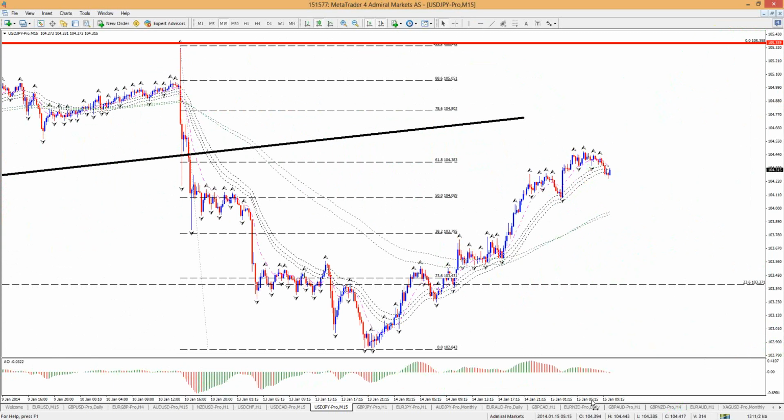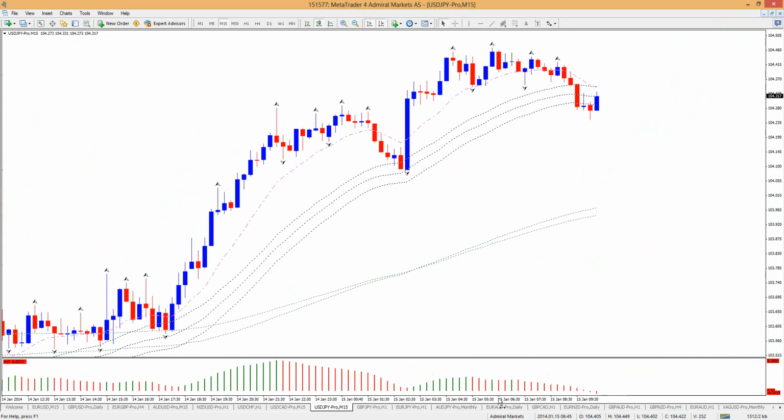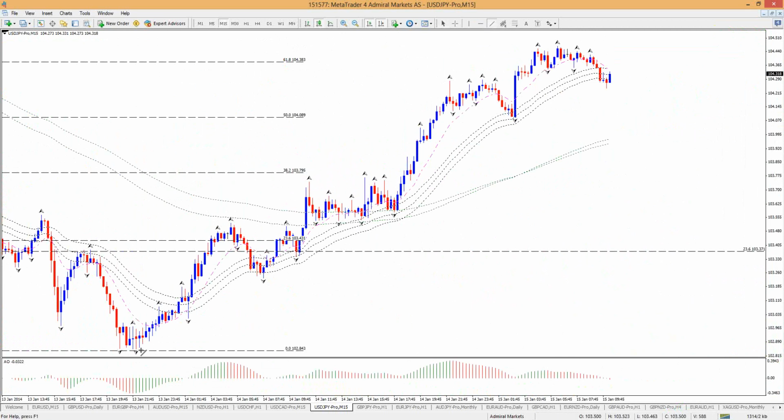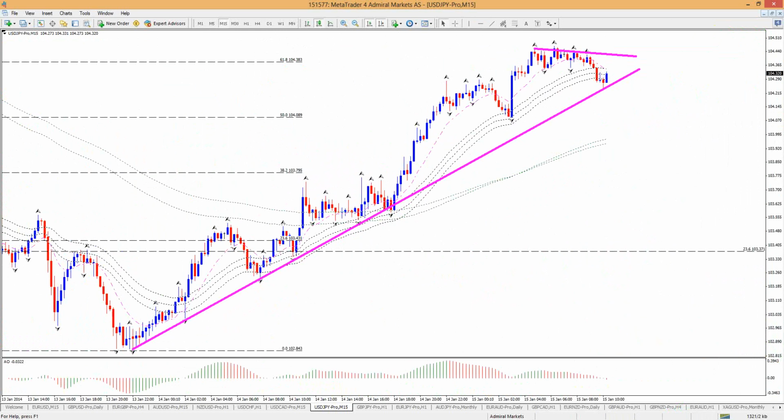Let's take a look at the 15 minutes. One way of measuring is maybe a trend line like that, but really I'm not interested in it. But obviously from a 15-minute point of view, we are in a strong uptrend. There is some divergence between these tops.